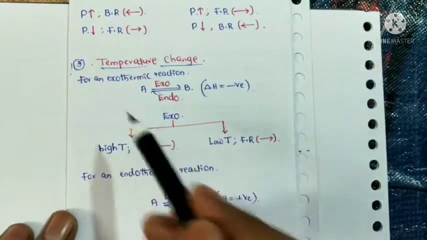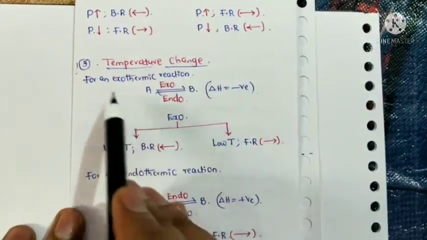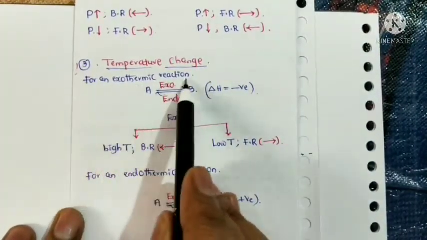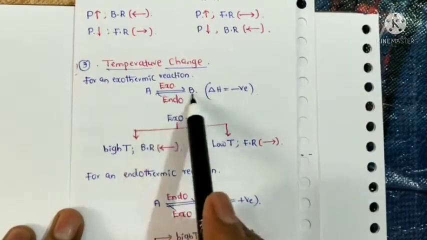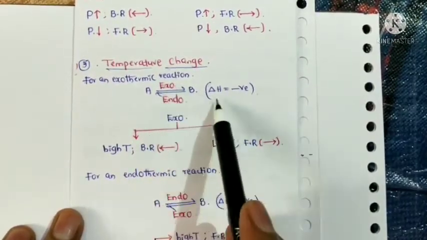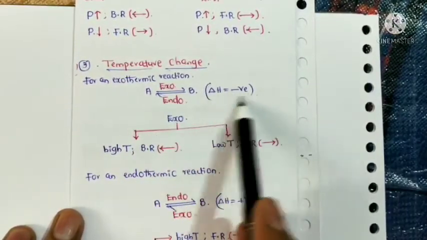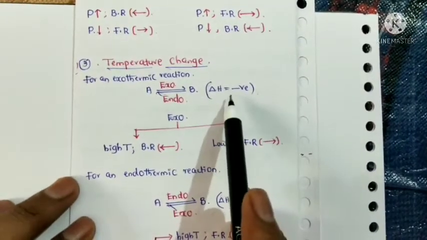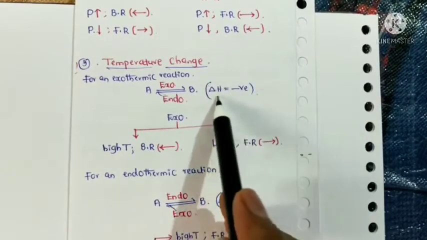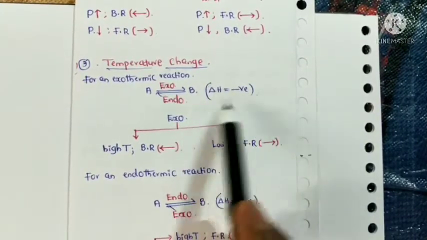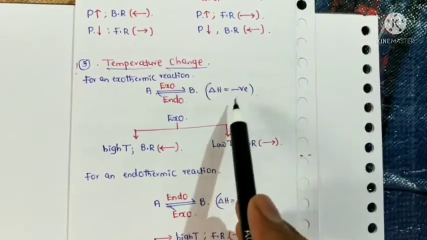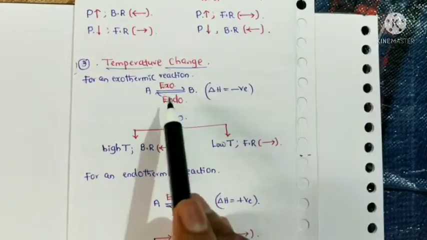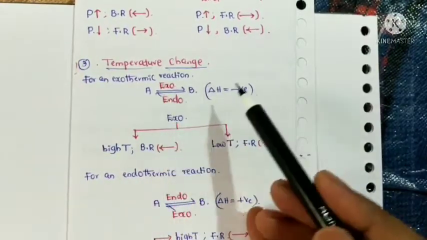And the third one is temperature change. If the reversible reaction is exothermic, heat is released. Don't worry, the delta H value is given in your exams, so we can directly find out whether the reversible reaction is endothermic or exothermic.